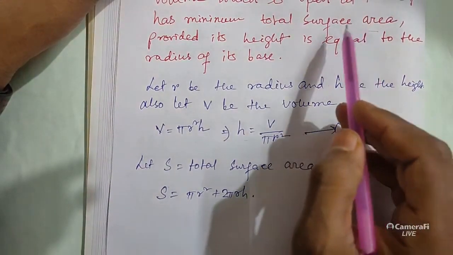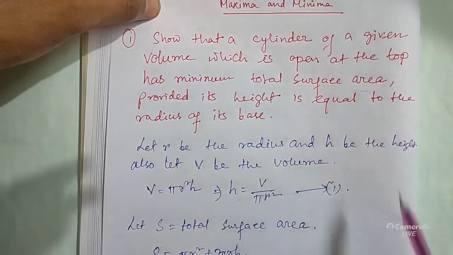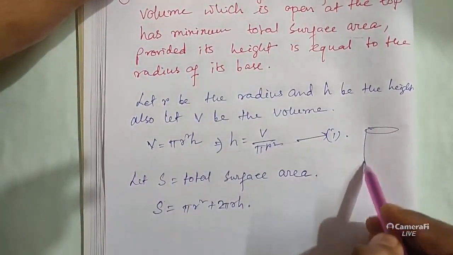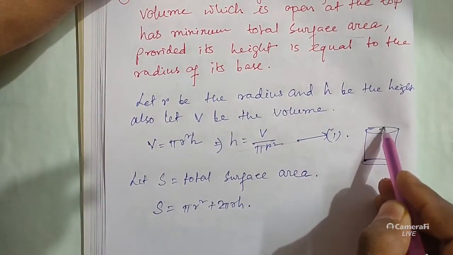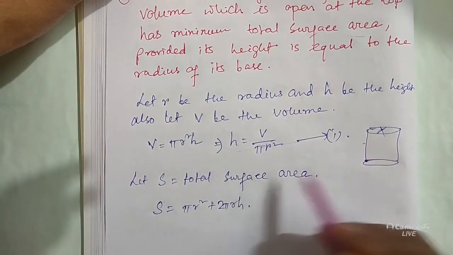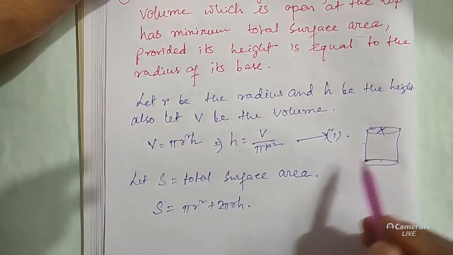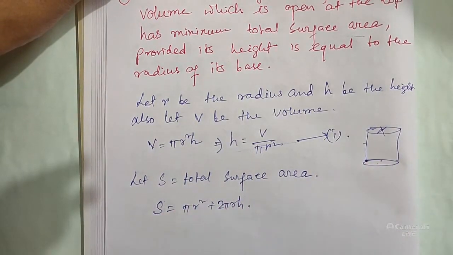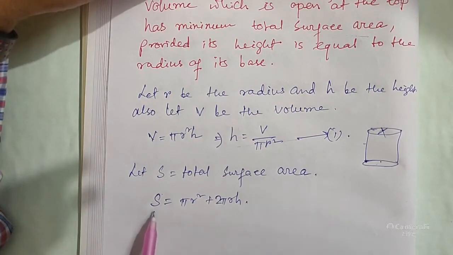But here the top is open. That's why this top surface area we are not considering. So curved surface area is 2 pi r h and base area is pi r square. These two we are calculating as total surface area. So this is the value of S.